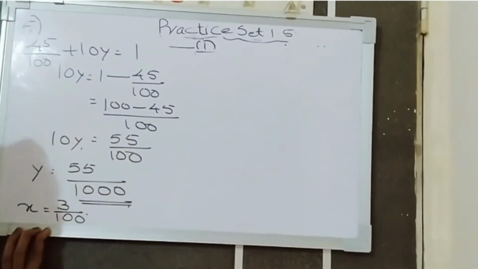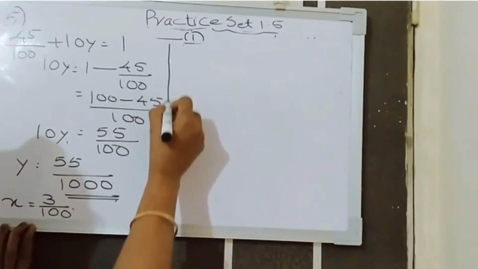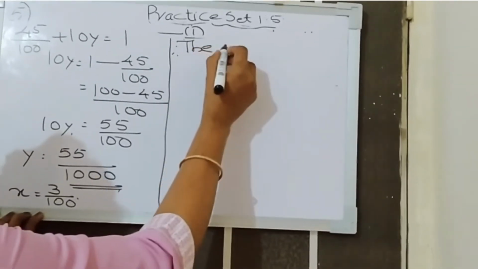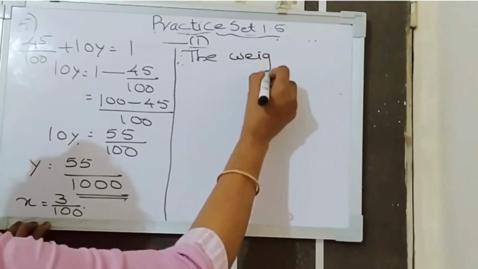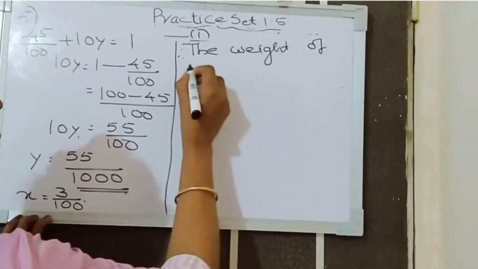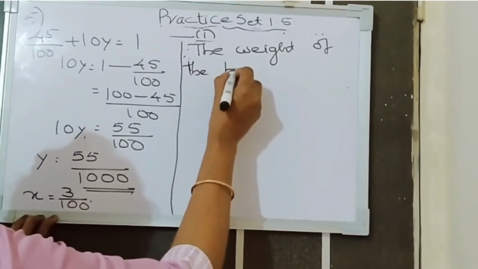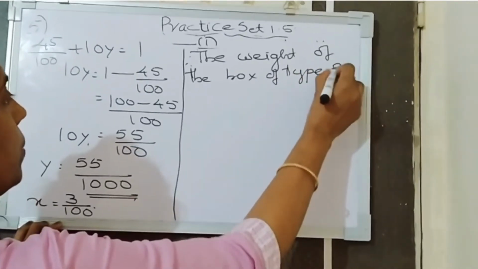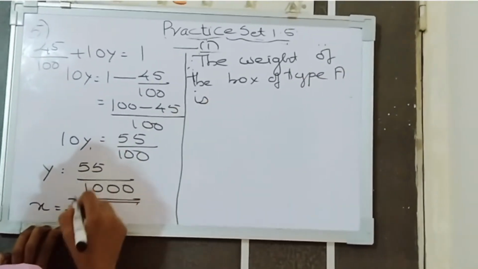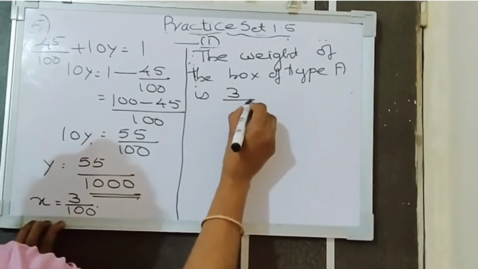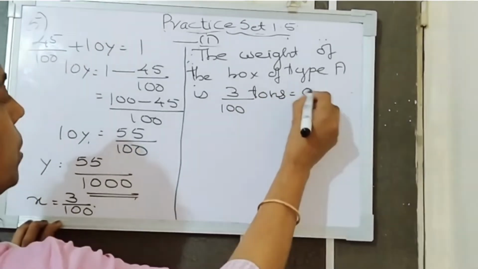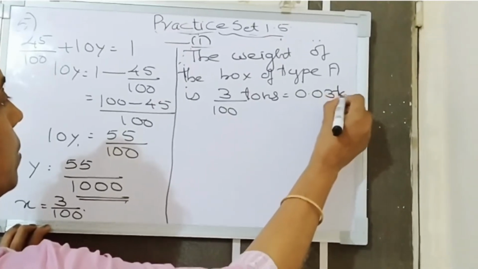Therefore the required weight of the box of type A is 3 upon 100 tons, that is equal to 0.03 tons.